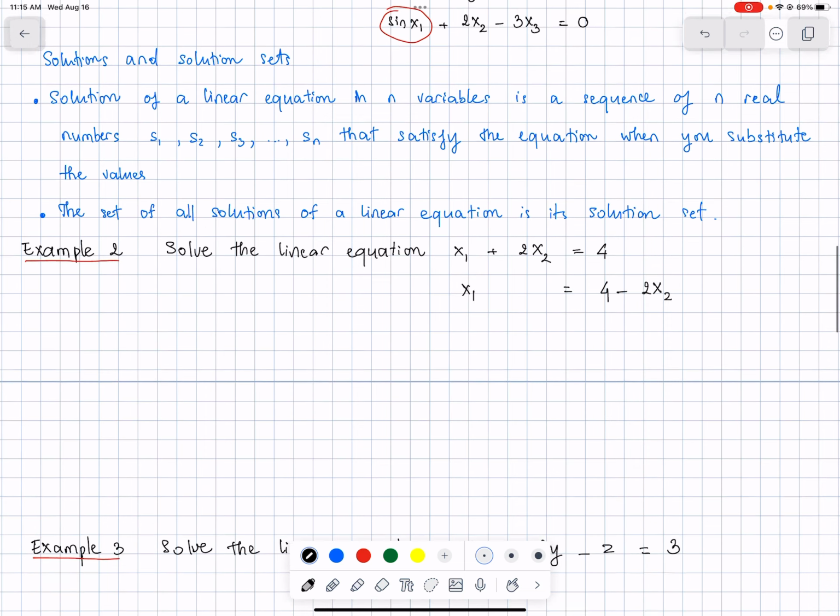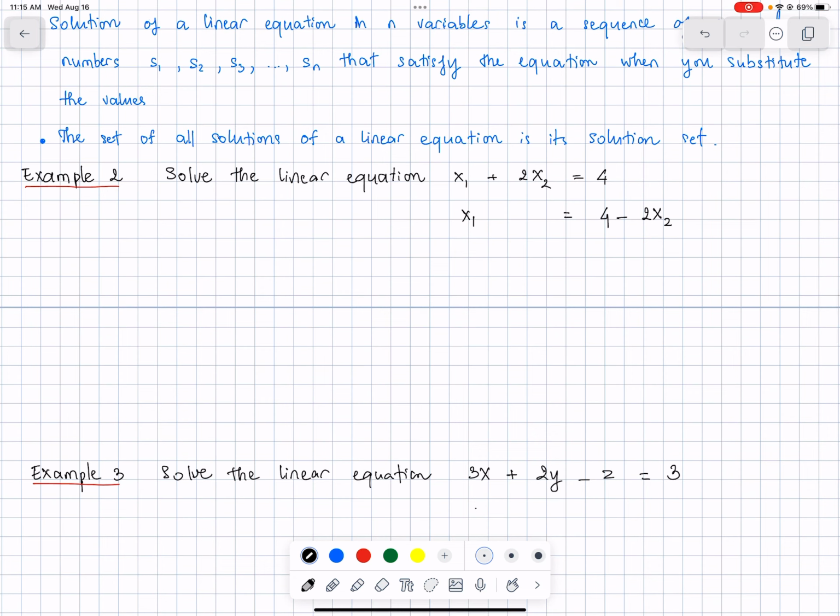Let's look at example 2 and example number 3 below so that we can understand the solutions and solution sets more. In example number 2, we have x1 plus 2x2 equals 4. I solve for x1 and get 4 minus 2x2. After that, I will use a parameter t.